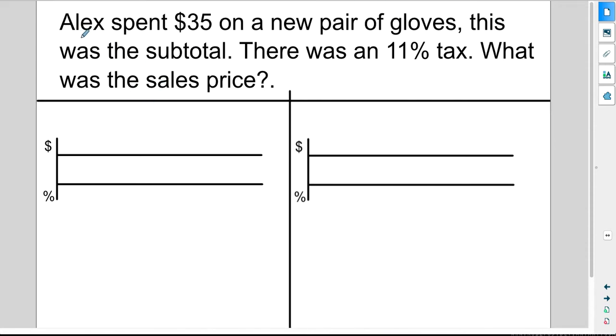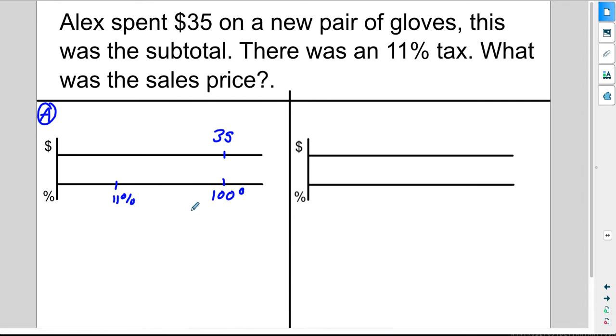Both methods, and we'll call this method A, are going to have you identify that $35 is 100% of the price, because that's your subtotal. We know we're going to have to find 11% because that's our tax. I'm not going to be able to go from 100% to 11% automatically without using a goofy ratio.